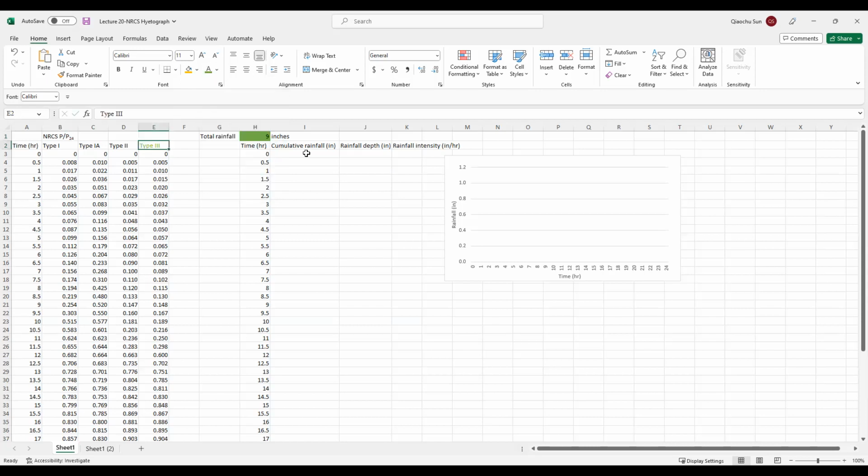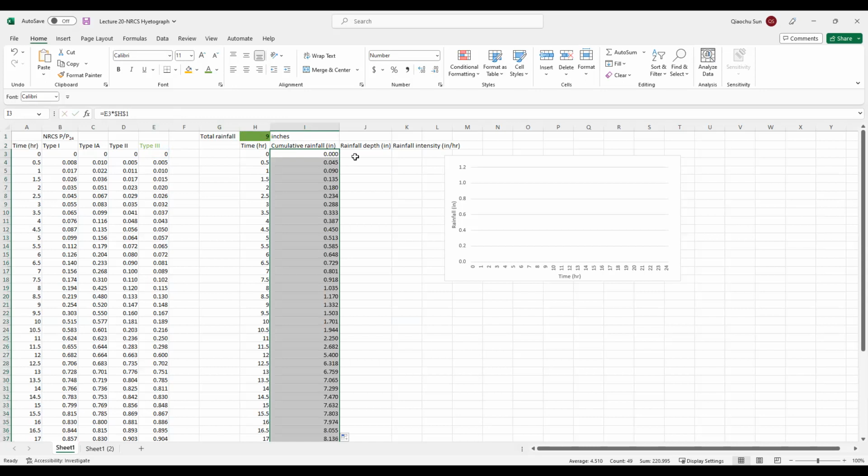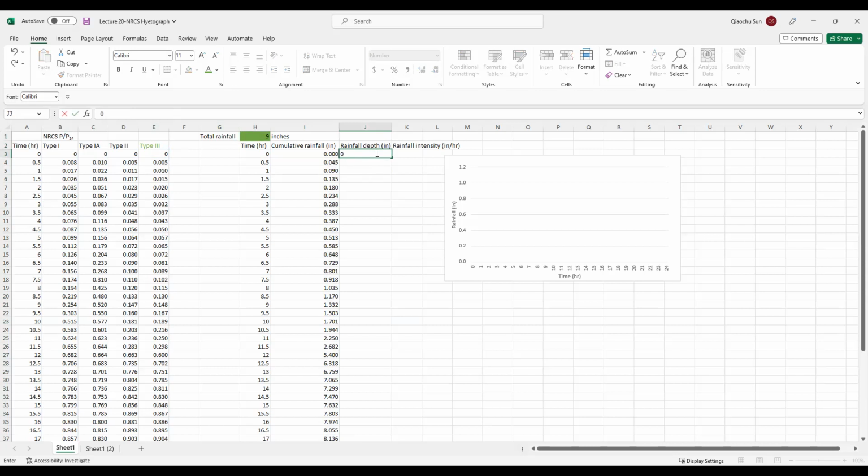So to calculate the cumulative rainfall, we should use the value in type 3 times the total rainfall depth. Then we can calculate the rainfall depth. The rainfall depth at the initial point, the starting point, is 0.